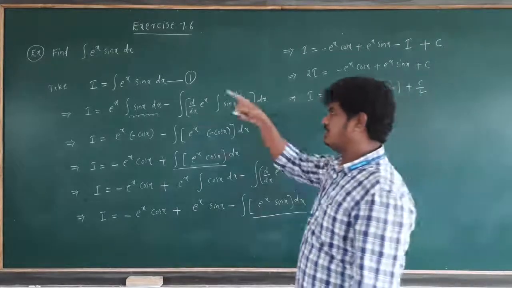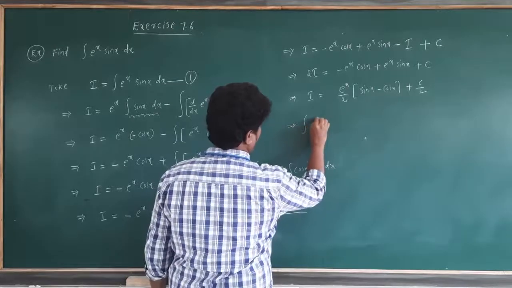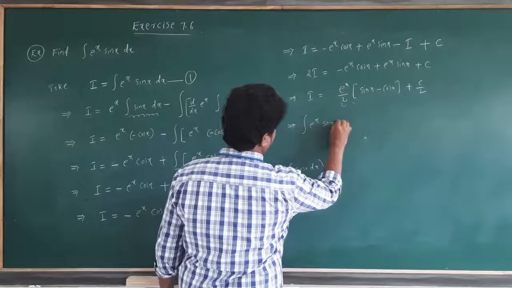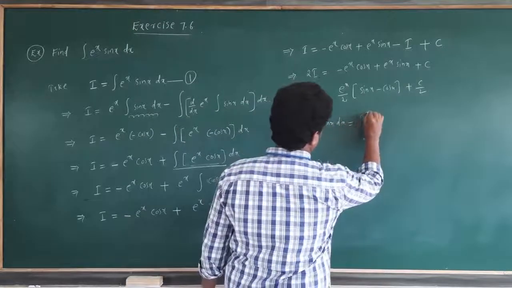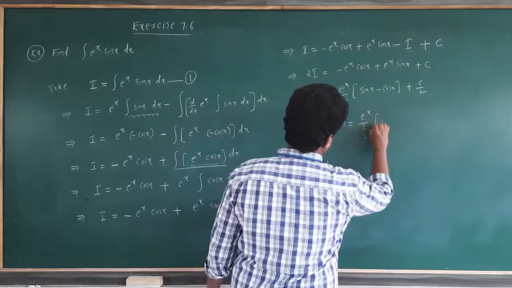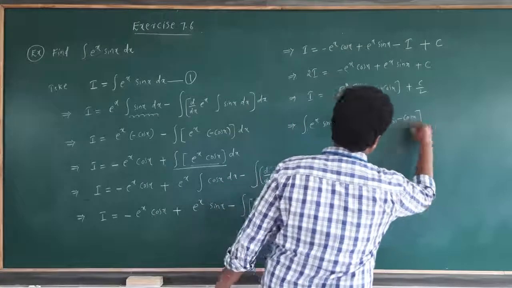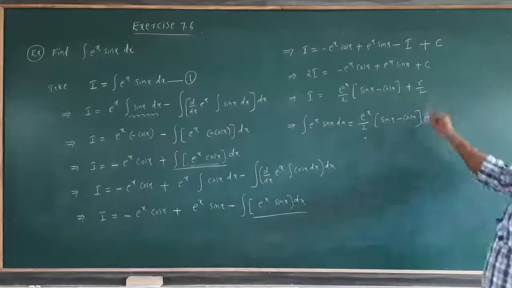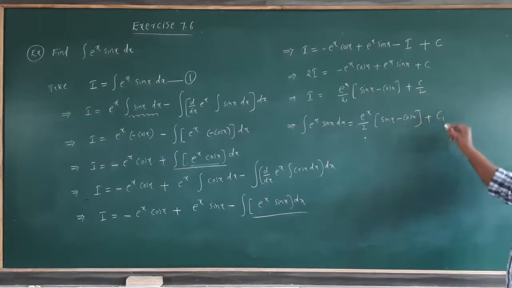I means, the question was: integral of e to the power of x sin x dx is equal to e to the power of x divided by 2 into sin x minus cos x plus C by 2, which is also a constant. You can take it as C1, C2, one other constant.